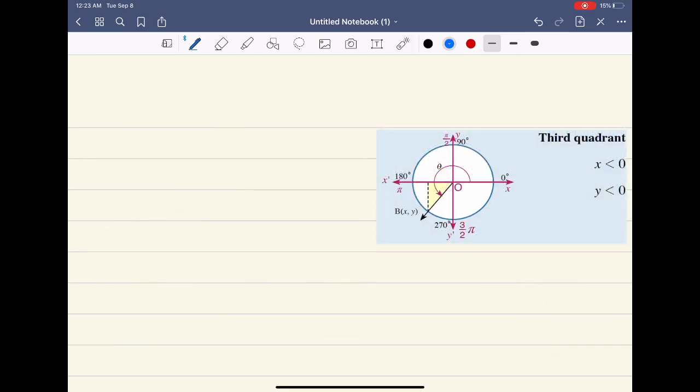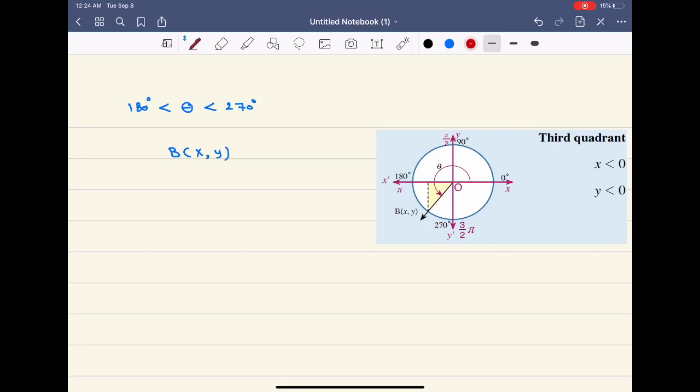If the terminal side of the angle in the standard position intersects with the circle in the third quadrant of the coordinate plane, then the measure of angle theta lies between 180 degrees and 270 degrees, and the point of intersection of the terminal side and the circle, B, consists of x and y.